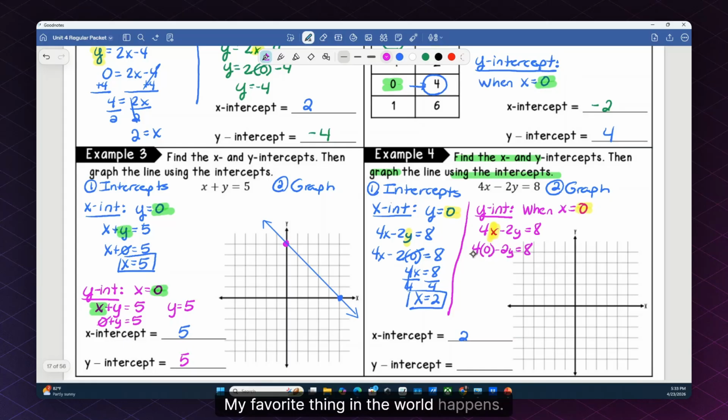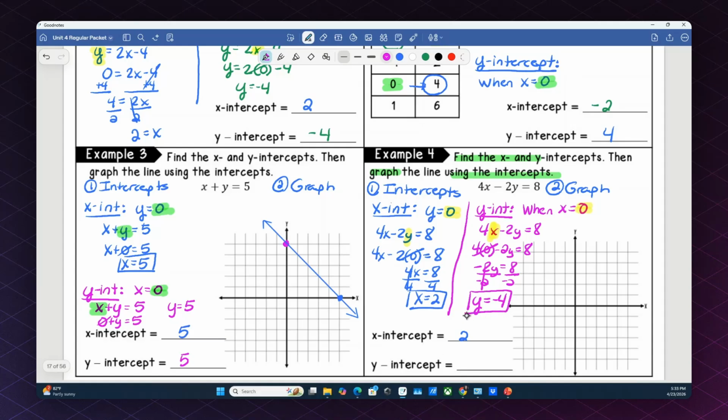My favorite thing in the world happens. Boom, that cancels out. So we get negative 2y equals 8. We can divide by negative 2 on both sides. That cancels, and we get y equals negative 4. That's going to be my y-intercept. We can put negative 4 down here.